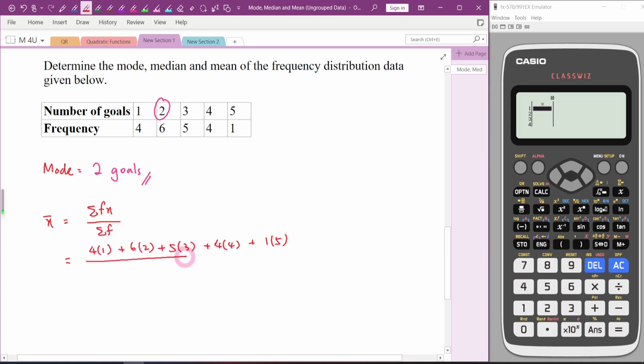Okay, correct. Divided by, this you need to be more careful. Some students will just divide by 5 because they calculate this way: 1, 2, 3, 4, 5. No, this is not correct. We need to divide by the total frequency. Which means that we need to find the sum of all the frequencies: 4 plus 6 plus 5 plus 4 plus 1.